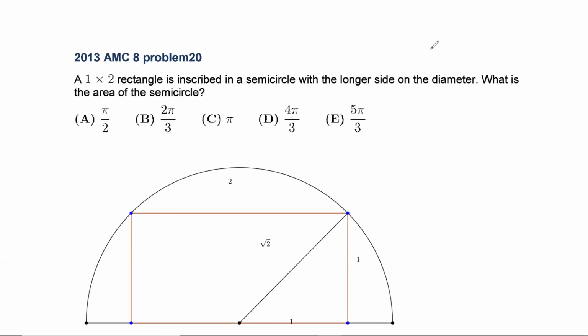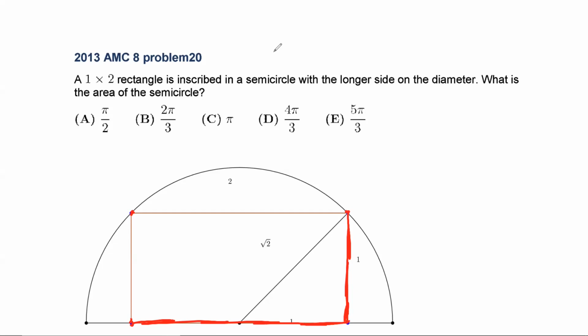Okay, so they're saying that we have a 1x2 rectangle. So here's the diagram below. So here's a rectangle in brown, and the height here is 1, and the length here is 2. And since it's inscribed, that means that each corner of the rectangle is touching the edges of the semicircle.